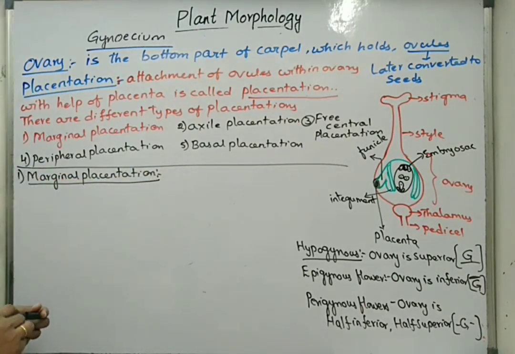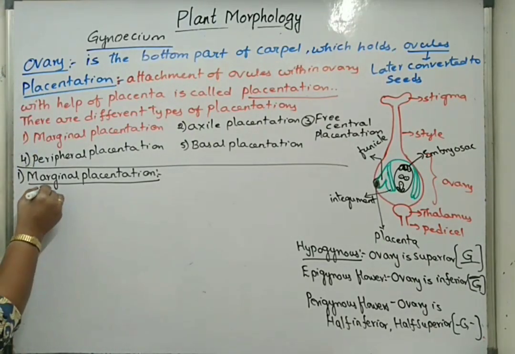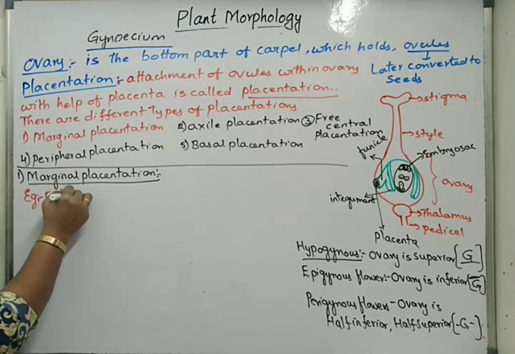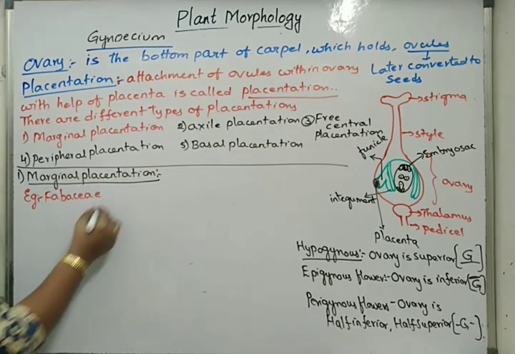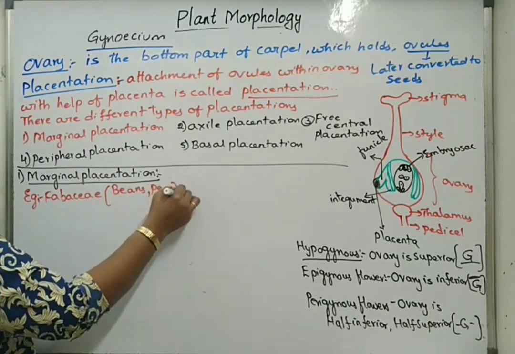In case of marginal placentation, the pods of some fruits have some ridges to which ovules are attached. For example, if you take Fabaceae members like beans, peas, etc.